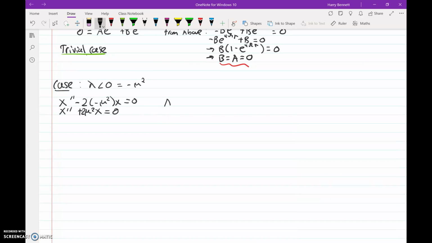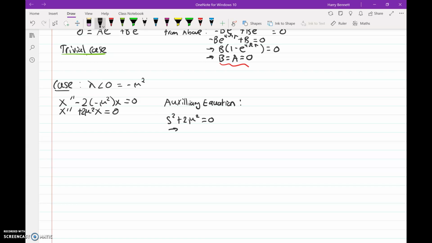Again, using our auxiliary equation, we introduce a new variable, s squared plus 2 mu squared is equal to 0.